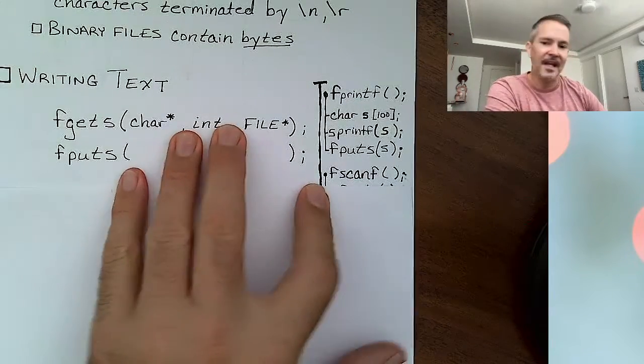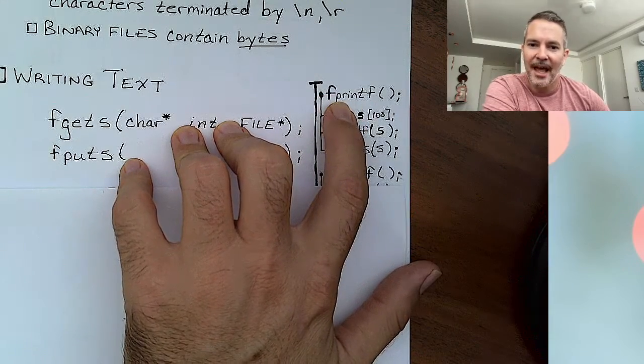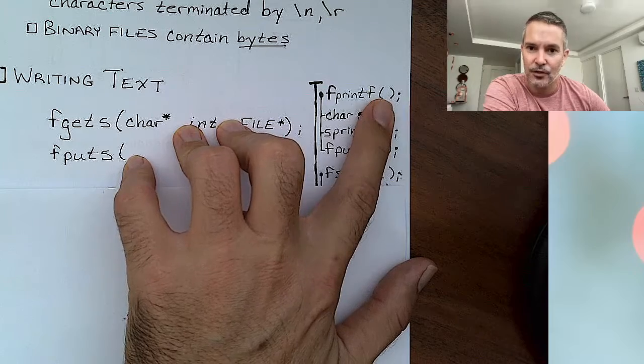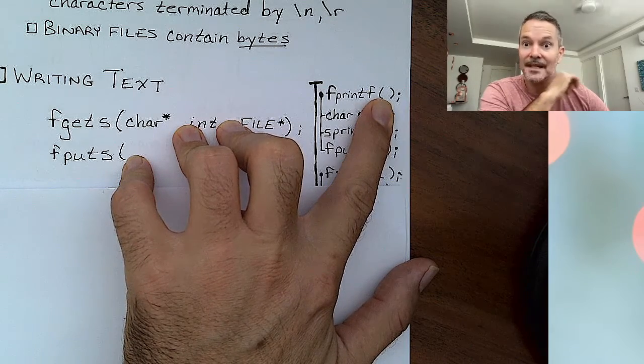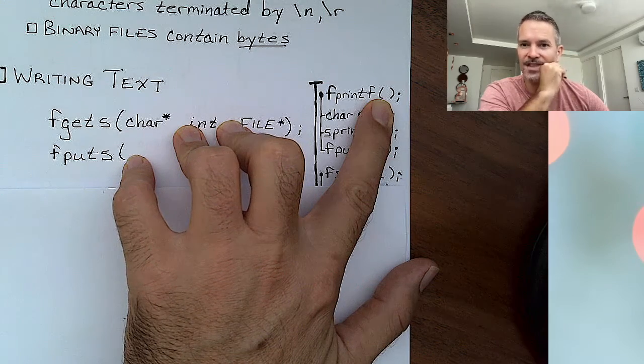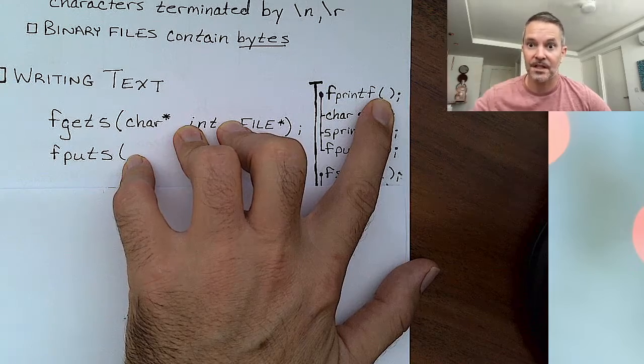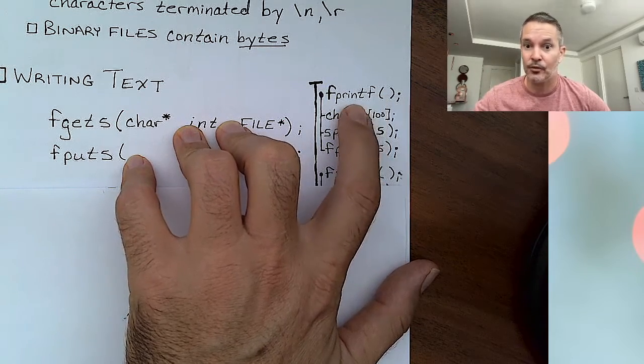So it's only going to read up to one line or the number of characters you told it to read. As another example here, you can also use the function fprintf to write a string to a file in a way that's formatted. So this is saying, hey, I want to encode different variables into my string, and that's when I would use fprintf.